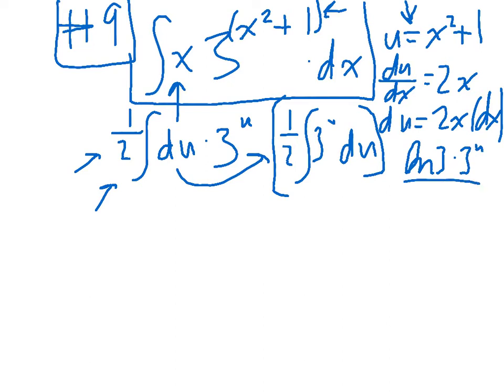And so we need to get that into the function, and in order to do that, we need to multiply by natural log of 3, because we're going to put the natural log of 3 times 3 to the u into the actual integration.